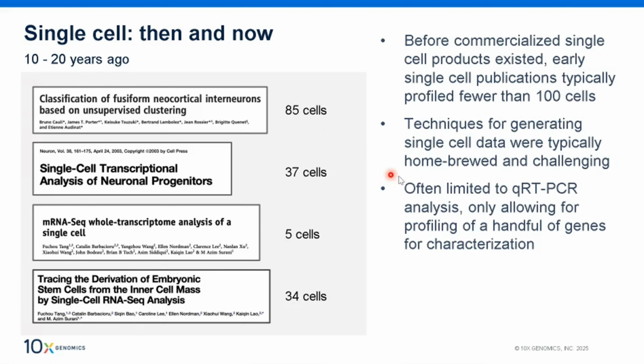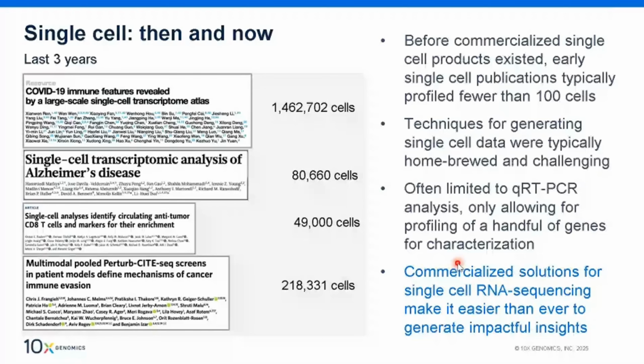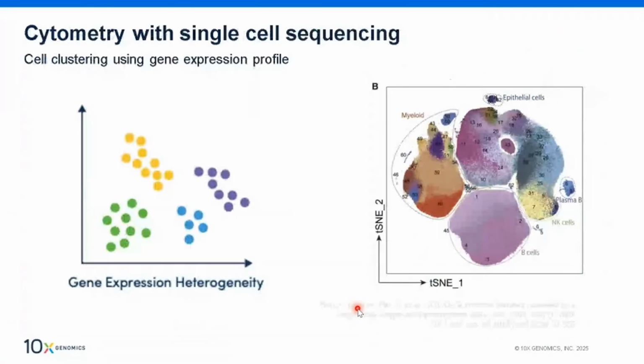Often you needed to use qRT-PCR analysis as well, which only allowed profiling of a handful of genes. Commercial solutions for single cell RNA sequencing make it easier than ever to generate impactful insights. So now we can have single cell sequencing of more than 5,000, 10,000, or even 100,000 cells in the same sample.